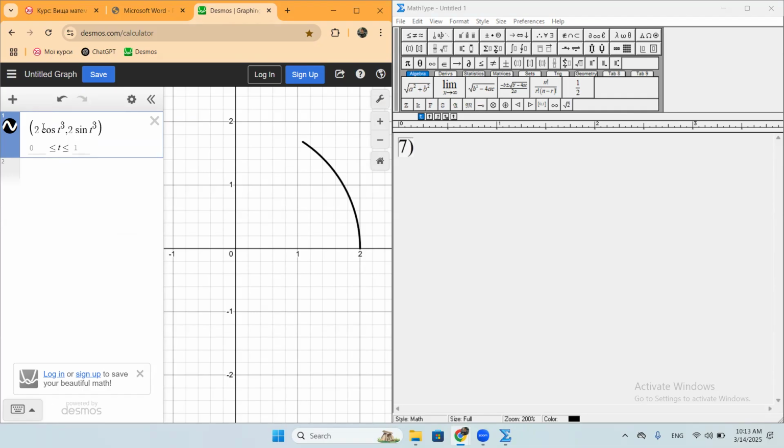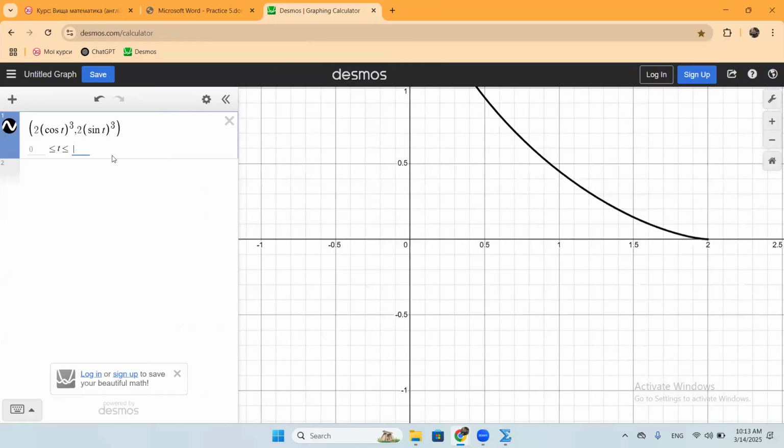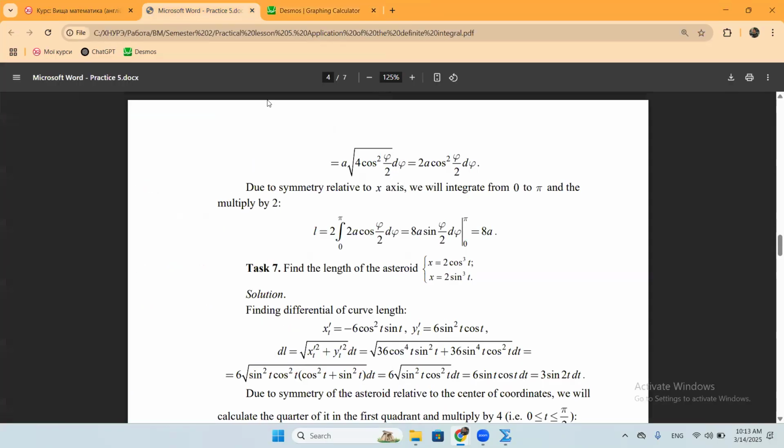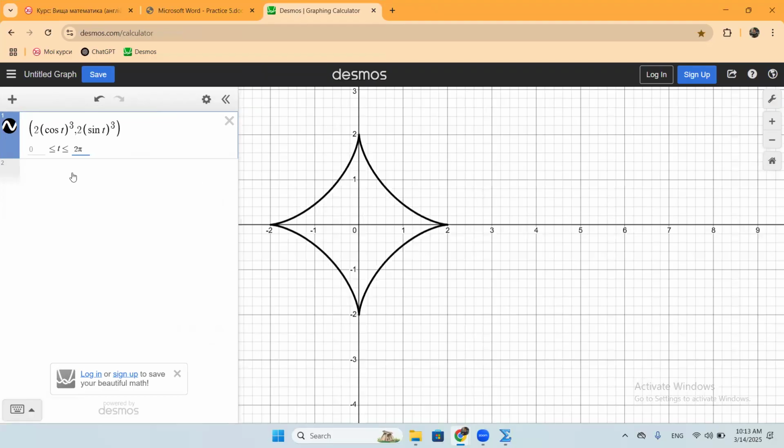I also need to use brackets here and here. So parameter t from 0 to 2π. So we have to find the length of the whole astroid.